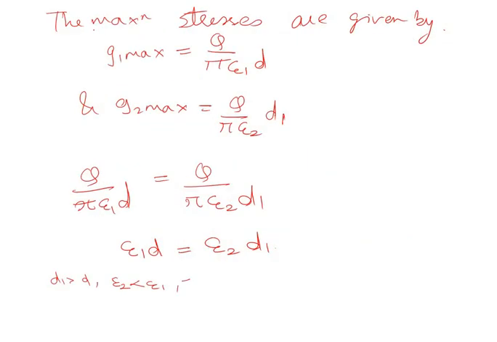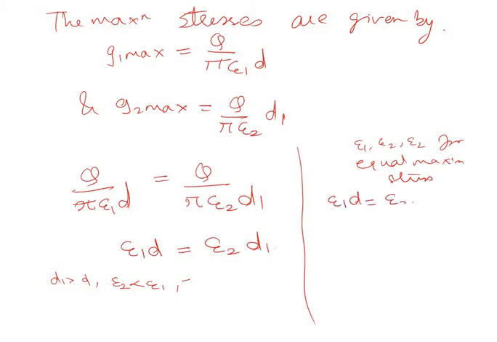On this page I will write down the final condition, that is, similarly for grading with three dielectrics with permittivities epsilon 1, epsilon 2 and epsilon 3, for equal maximum stress, the condition is epsilon 1 d is equal to epsilon 2 d1 is equal to epsilon 3 d2, and epsilon 1 should be greater than epsilon 2, which should be greater than epsilon 3.